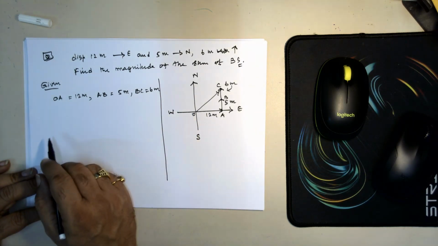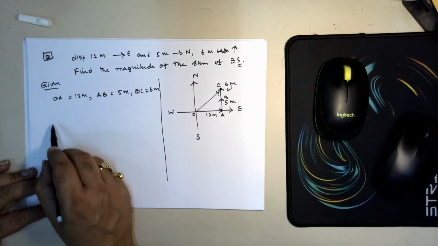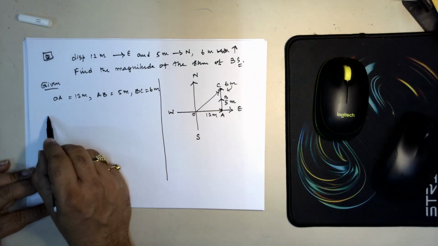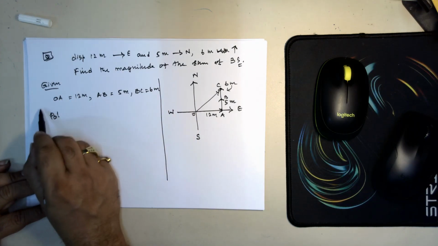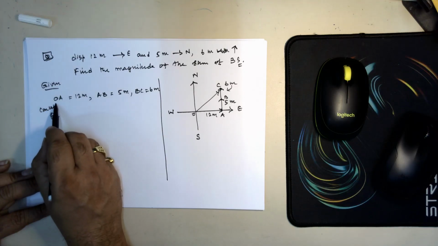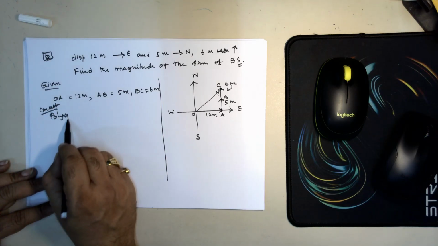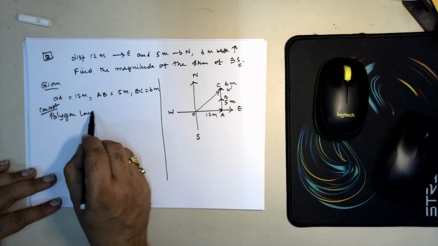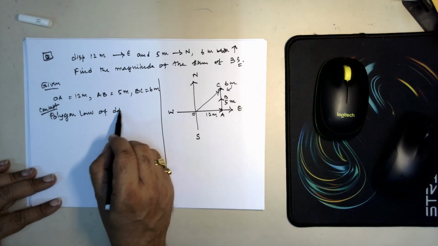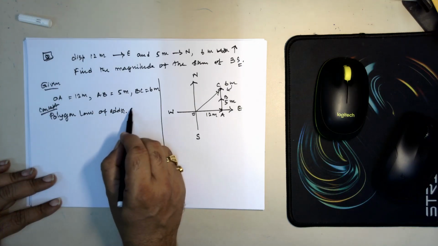Now, according to the polygon law of vector addition, we have to apply the polygon law. What is the concept here? Polygon law of addition of vectors.